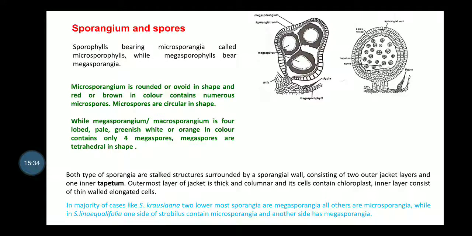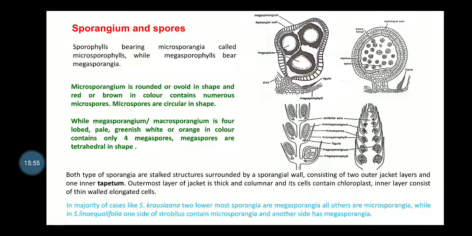In the majority of cases, like Selaginella kraussiana, the two lowermost sporangia are megasporangia, and all others are microsporangia. While in Selaginella leniculifolia, one side of the strobilus contains microsporangia and the other side has megasporangia.